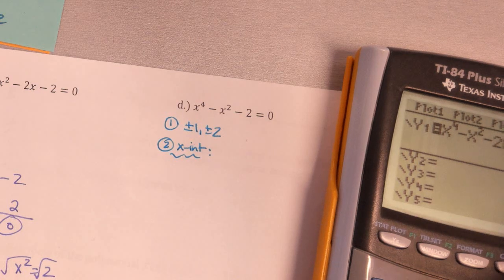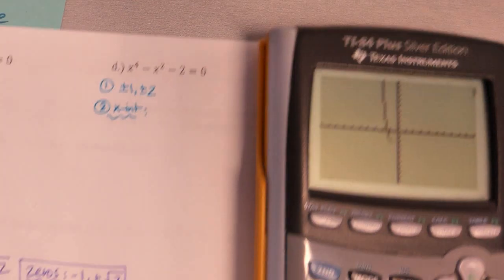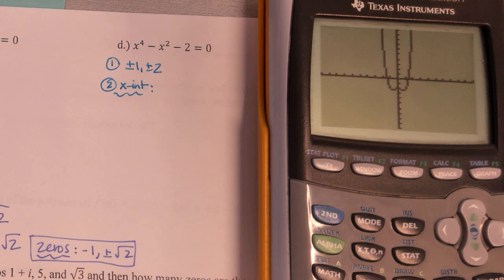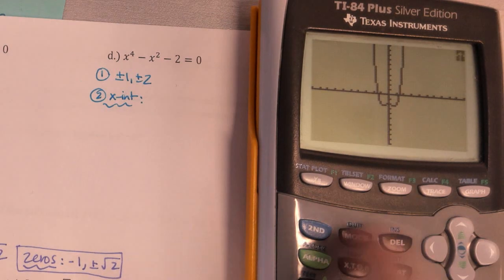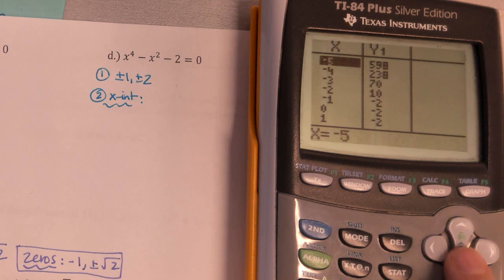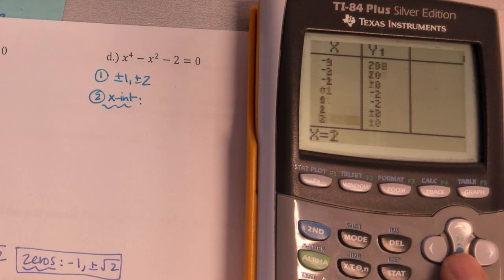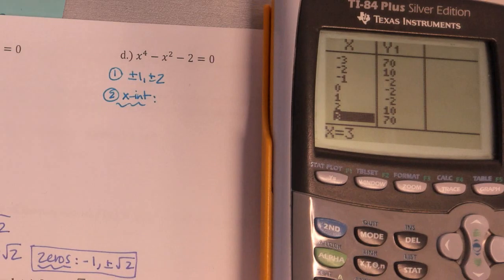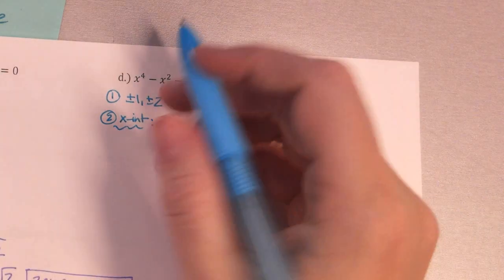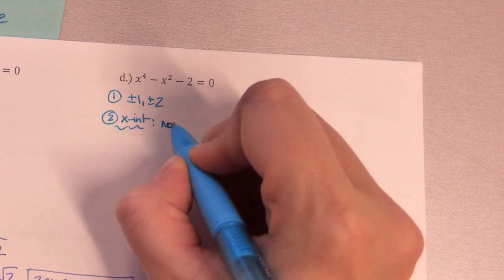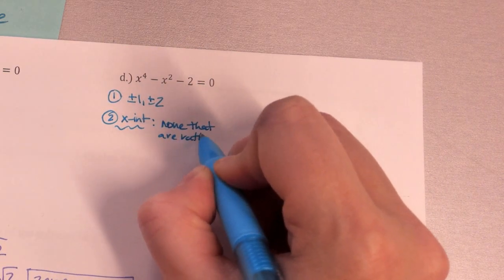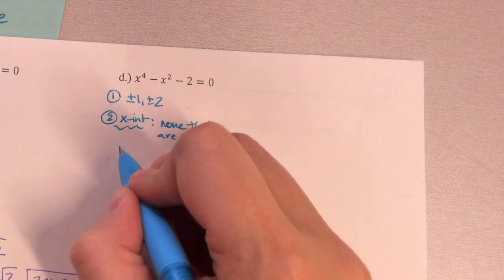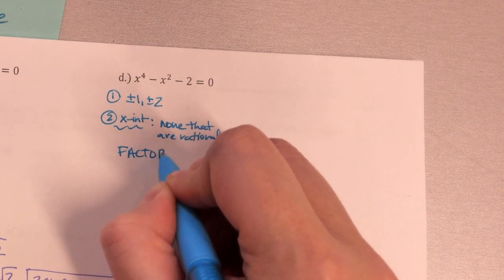So if you get stuck like that, then the next step is going to be to factor, because these are not your zeros. You can check with the table. Are -1 and -2 zeros? No, they don't have 0 for the y. Okay? None that are rational. So we have to factor.